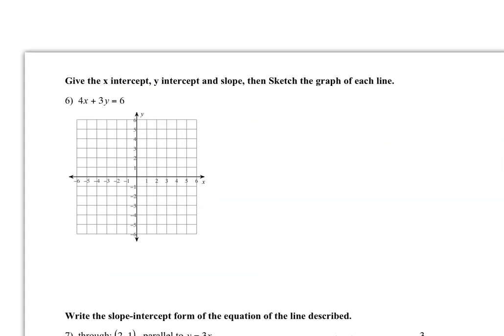When we're graphing linear equations and it asks for our x-intercept, y-intercept, and slope, remember there are shortcuts when it comes to standard notation being ax plus by equals c. My x-intercept will be c over a, y-intercept will be c over b, slope will be negative a over b.